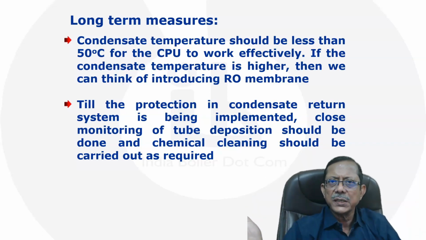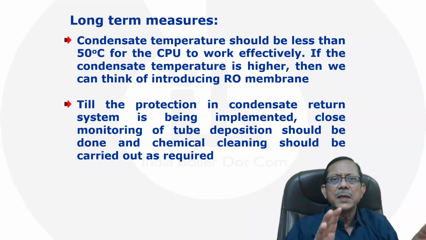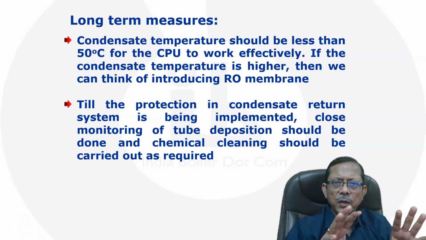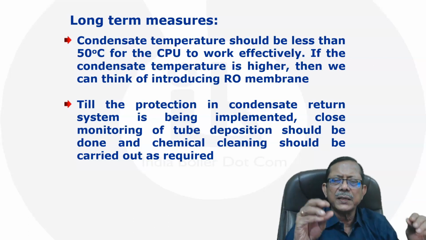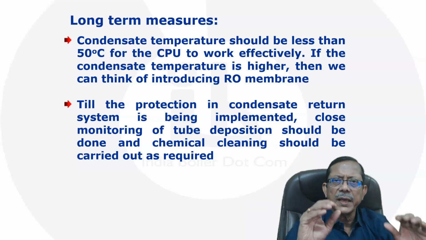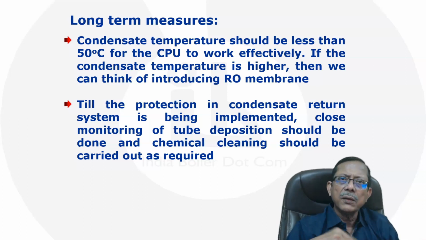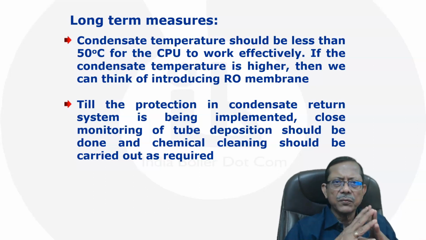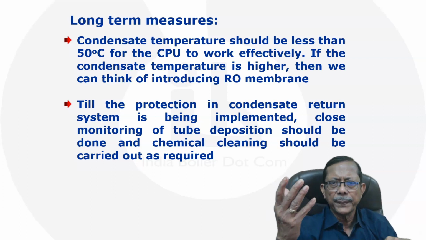I have never seen it anywhere else, right? But at least in their case, they will have to keep it under monitoring, and whenever they find that yes, some deposit indications are coming in the system, they will have to again go for acid cleaning, otherwise the same thing is going to repeat, right?